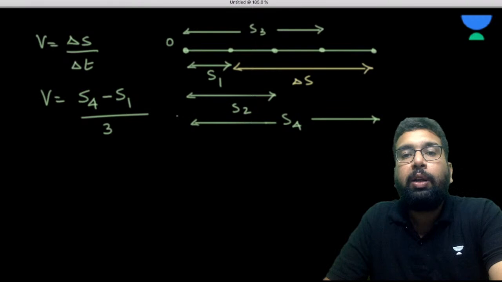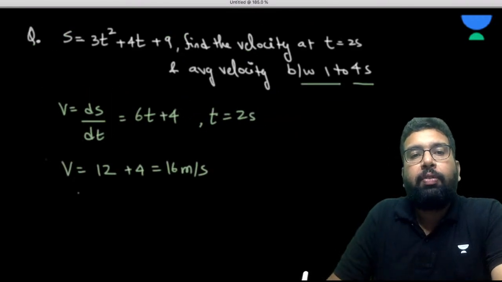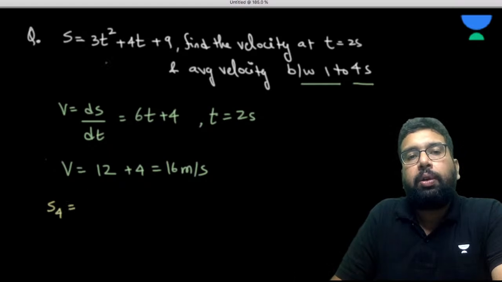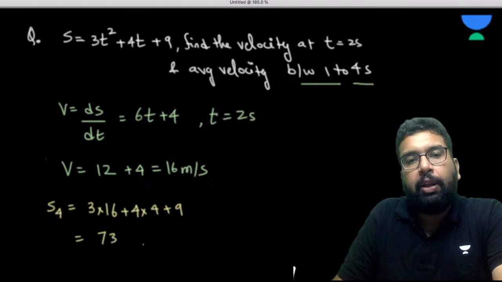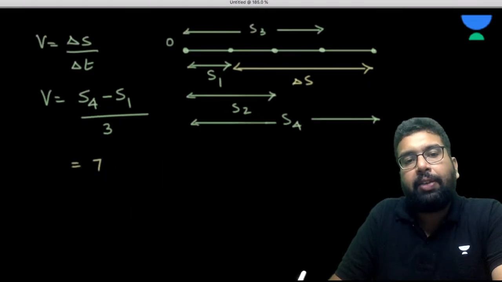How are we going to get S4? We put t is equal to 4: 3 into 16 plus 4 into 4 plus 9. This is 48 plus 16, that is 64, plus 9 is 73.